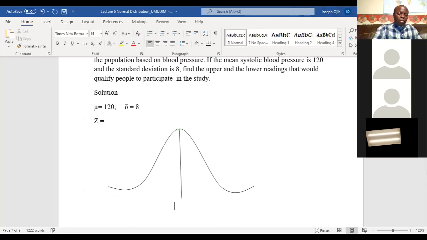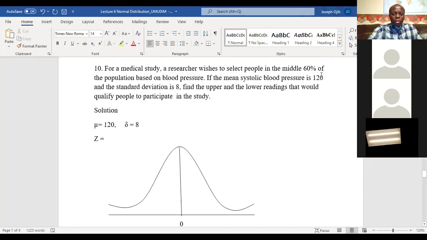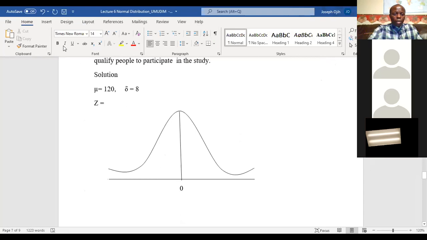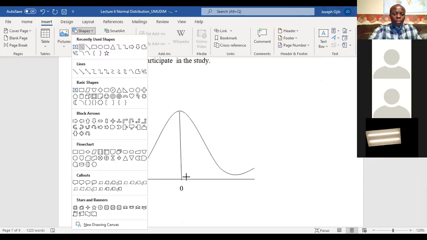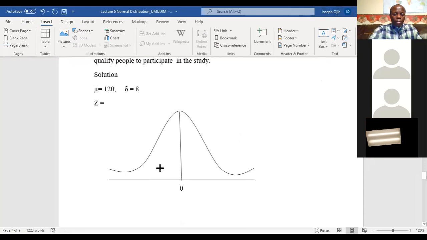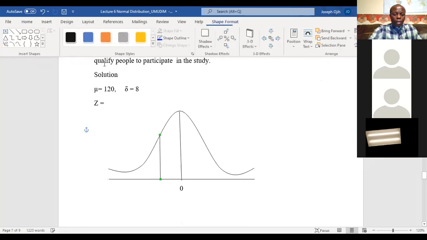They said that they wanted the middle 60%. So we're going to put the lines that represent the middle 60%. The whole of this represents 60%.